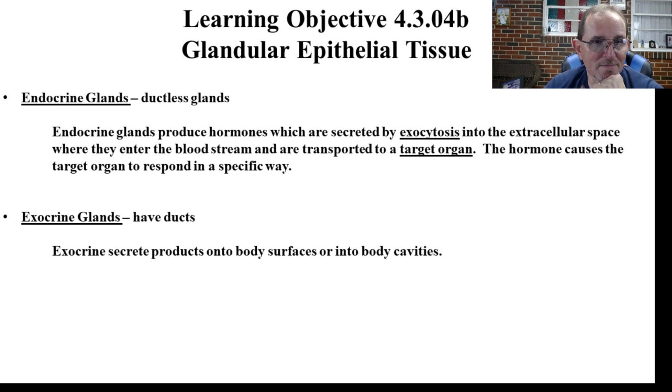Unicellular, multicellular is pretty straightforward. Endocrine: ductless, exocytosis, transported by the blood. Exocrine: their products need to be in a certain place, not just anywhere in the body.